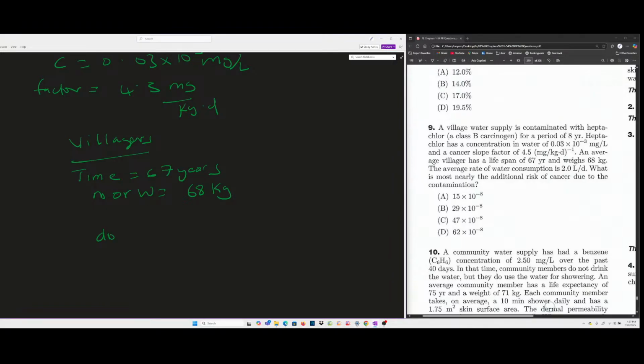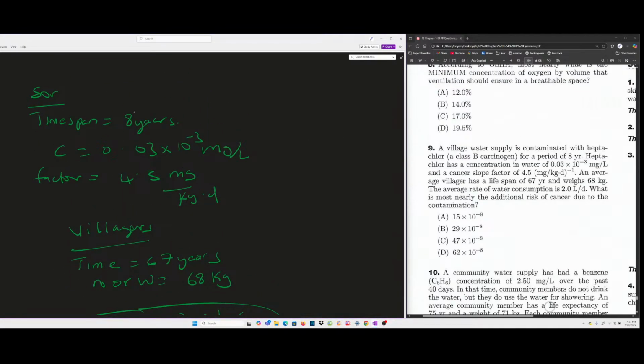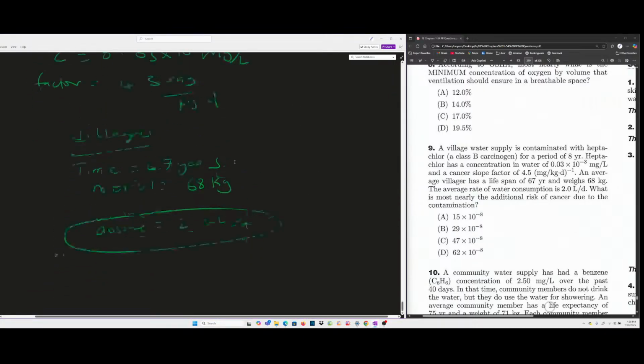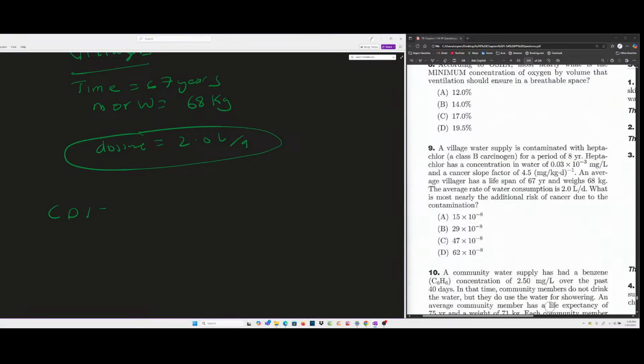So I'll just call it dosage of villages, 2.0 liters per day. So these just follow the same unit. So like I said, we're going to multiply all the information it gave us, divided by the villages. Ignore the factor because if it's risk, we're going to multiply by the factor. So we're going to have CDI. This is just a way of understanding this big formula because some textbooks change it. So I don't want anyone to be confused.